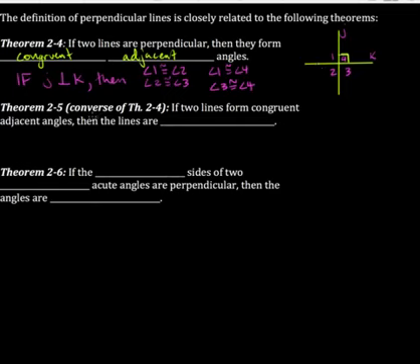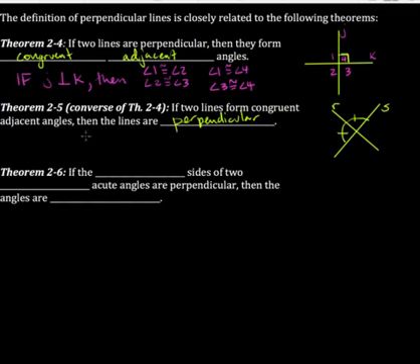Now theorem 2-5 is the converse of theorem 2-4. It says that if two lines form congruent adjacent angles, so if I had two lines intersecting here, we'll call these two lines R and S. If they form congruent adjacent angles, so if this angle is congruent to that angle right there, then I know that the lines must be perpendicular.